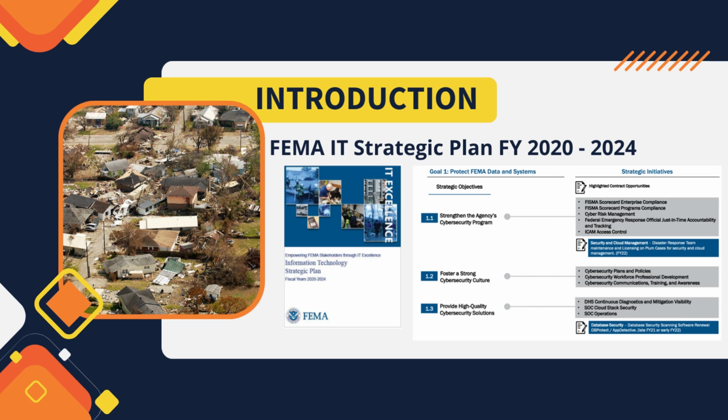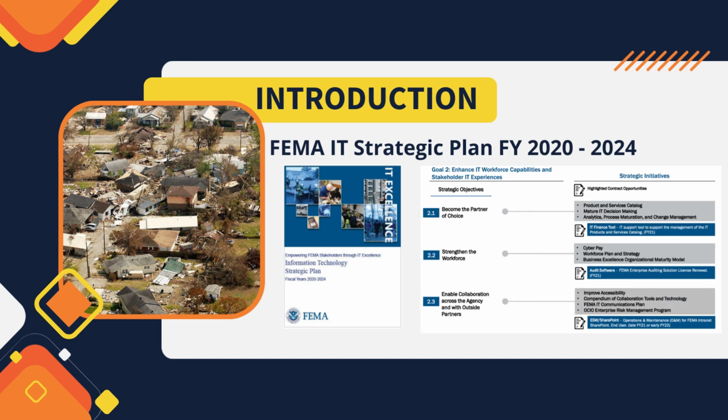And then also fostering a strong cybersecurity culture, we see the strategic initiatives and the alignment there, and then provide high quality cybersecurity solutions, again, mentioned there on the right. And then for the second goal, the strategic plan continues to provide how the goal and the objectives align with the strategic initiatives.